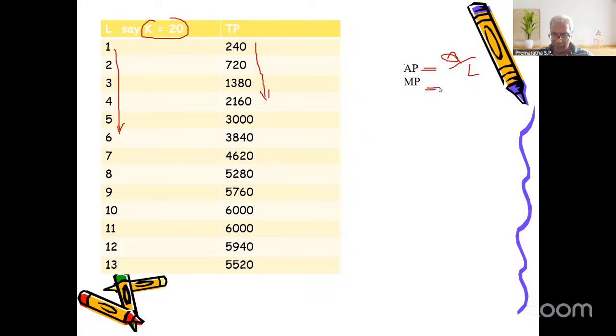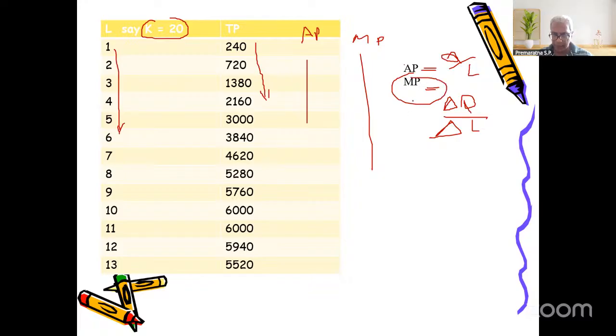And also the marginal product, that becomes the second and third column, average product and then marginal product. To find the marginal product, you have to get the change in quantity divided by the change in labor. With that, you get the marginal product. So what you have to do is complete this table.